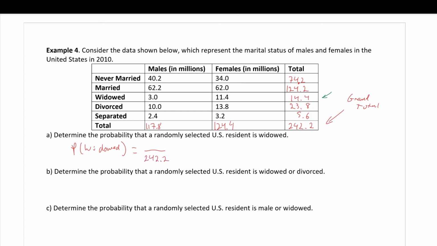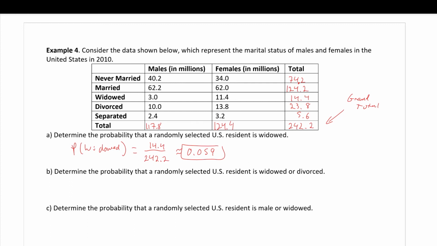Well, 14.4. And in this case, I do want to round to some decimal places. I'm going to go ahead and choose 3 decimal places. It's not specified in the notes, but I'm going to go ahead and do that. 0.059. All right, so that's about 6%. So we're saying 6% of the adult population is widowed.